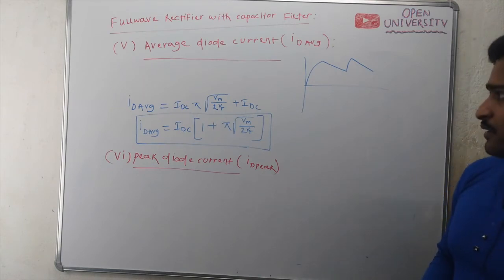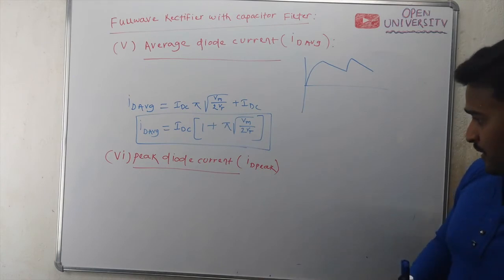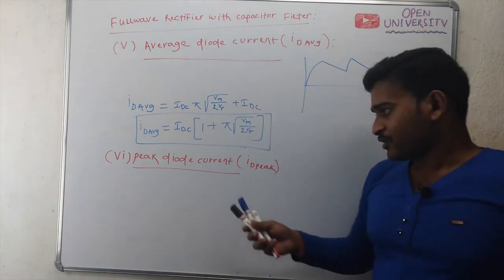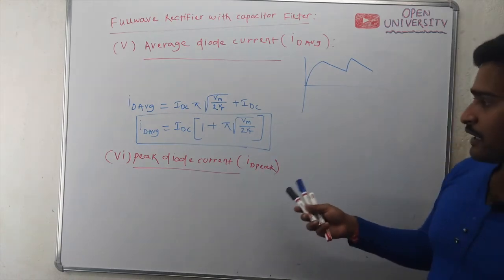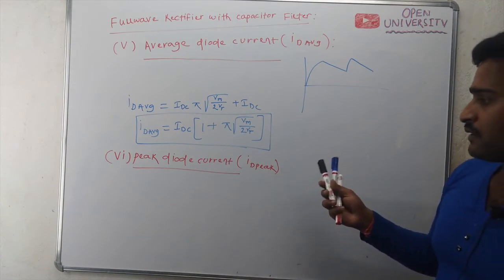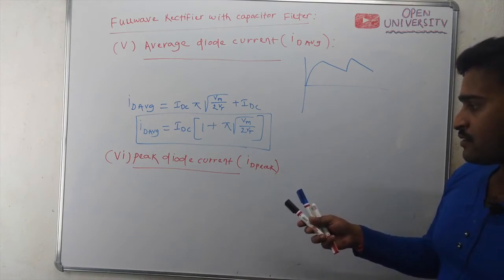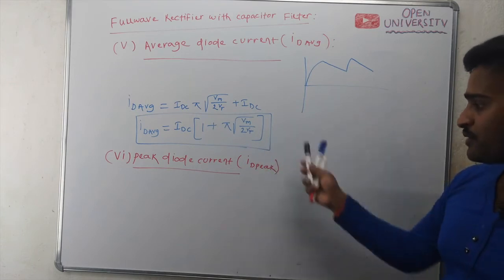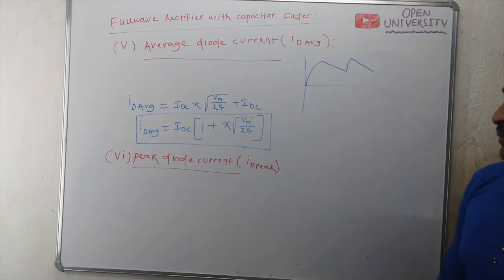During when capacitor charges, the current will flow through the diode. Capacitor will charge by drawing a heavy current through the diode. This sudden increase in current is nothing but surge, and the maximum value of this surge current is nothing but peak diode current.